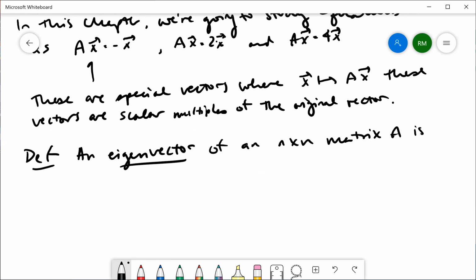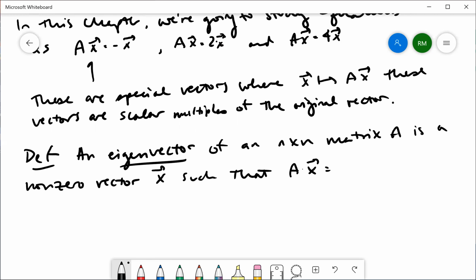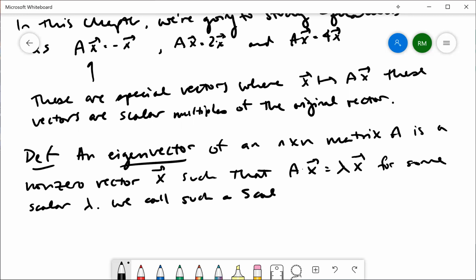They must be non-zero. And when I multiply the vector by the matrix, I get a scalar multiple of the vector. And we call such a scalar an eigenvalue.